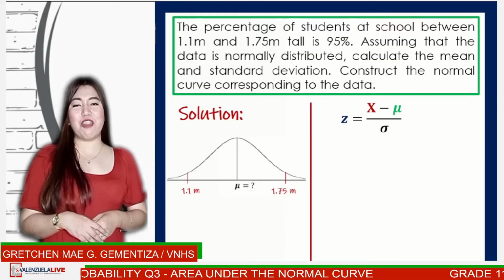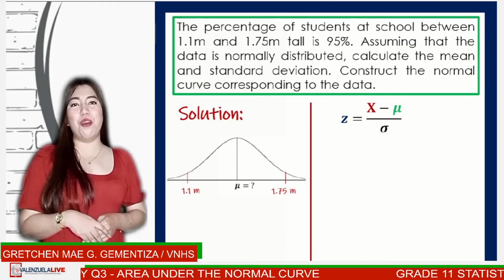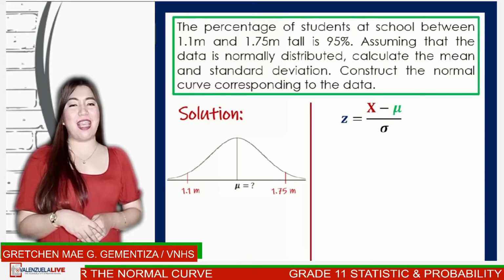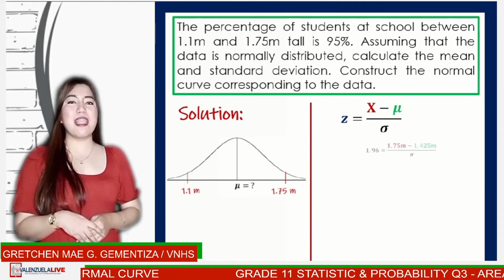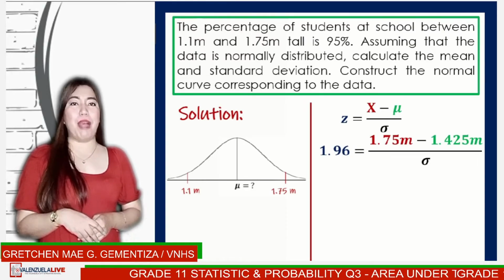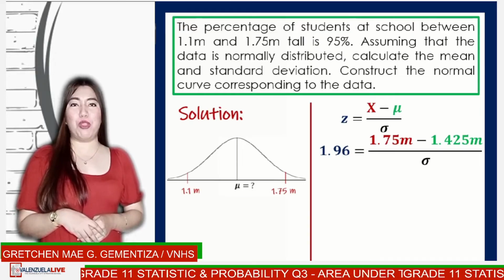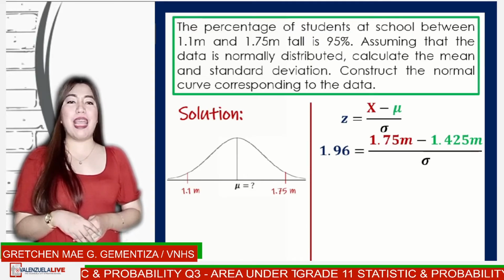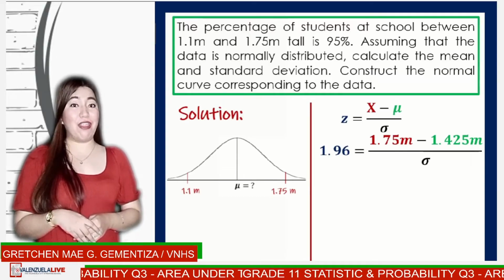Z-score is equal to x minus mu all over standard deviation. Z is 1.96 equals x is 1.75 meter minus mu is equal to 1.425 meters divided by sigma or the standard deviation.